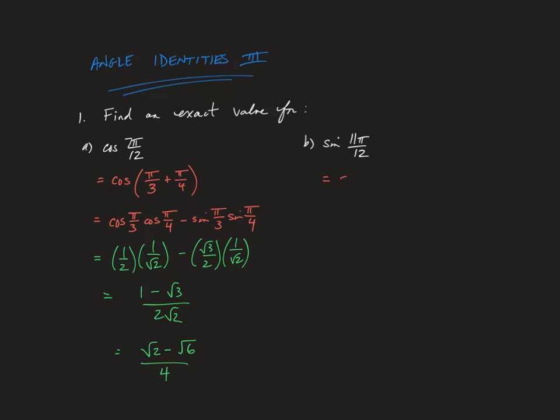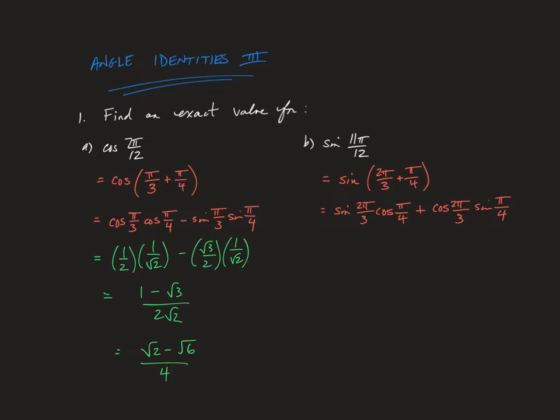So today, just to mix things up, I'm going to view 11/12 as an 8/12 or 2/3 and a 3/12, a 1/4. And so when I break that up, I have sine of the first, cos of the second, same sign in between, cos of the first, sine of the second.